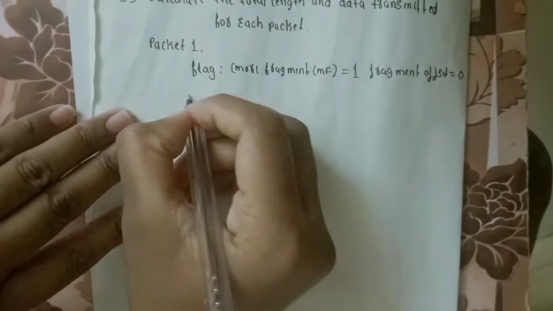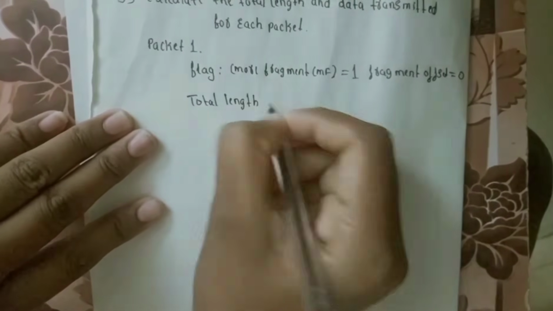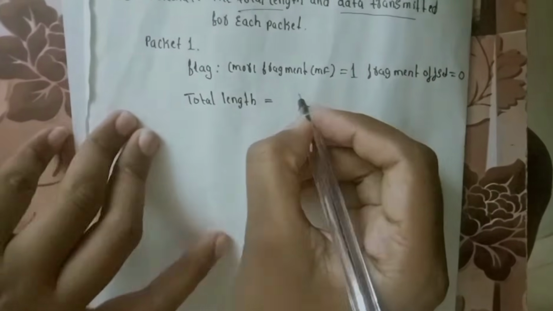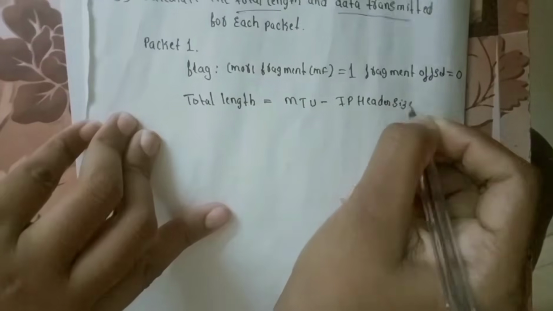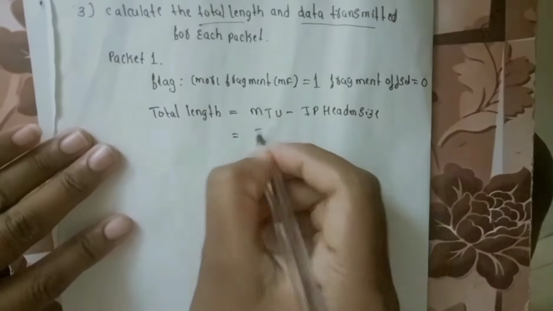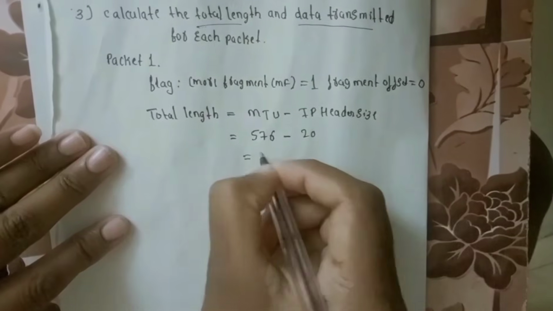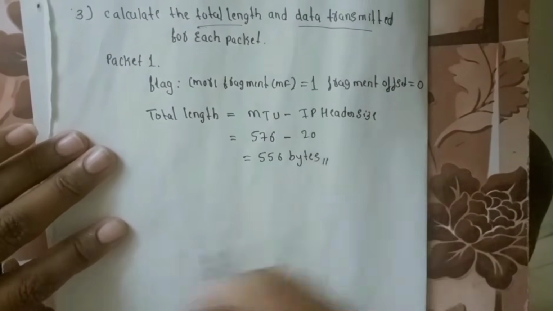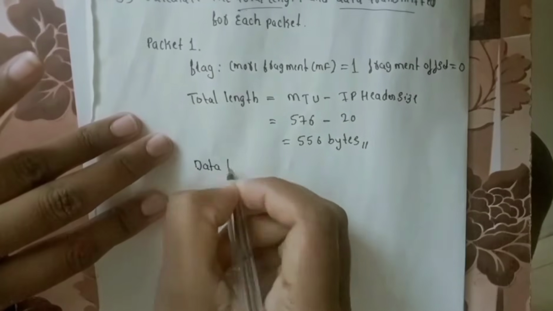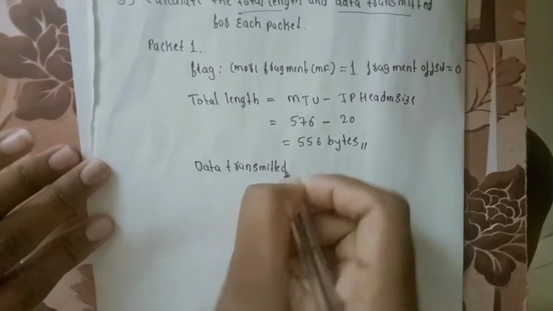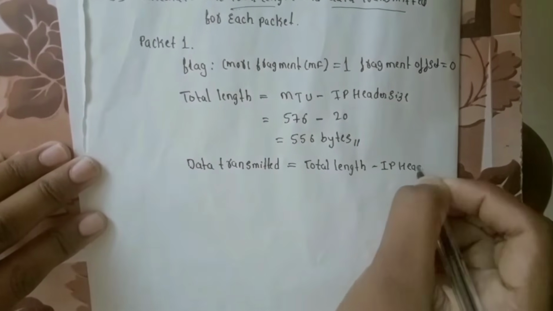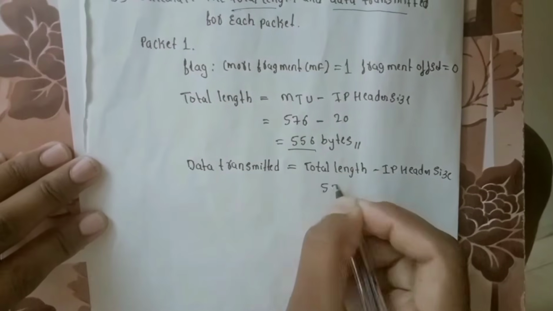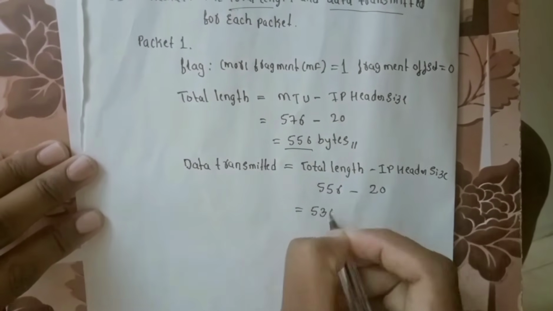Next, we need to find the total length. The formula: total length is equal to MTU minus IP header size. MTU is 576 minus 20, which is 556 bytes. We need to find the data transmitted. Data transmitted is equal to total length minus IP header. Total length is 556 minus 20, which is 536 bytes.